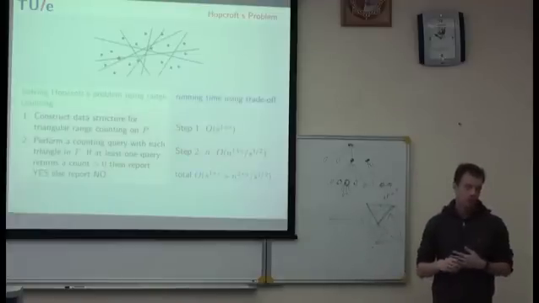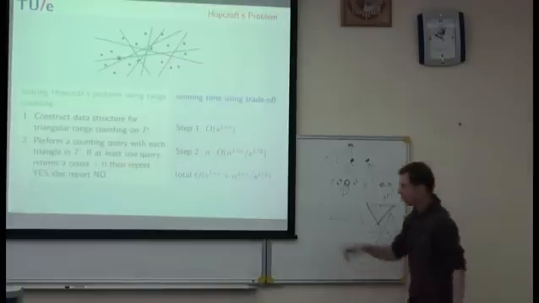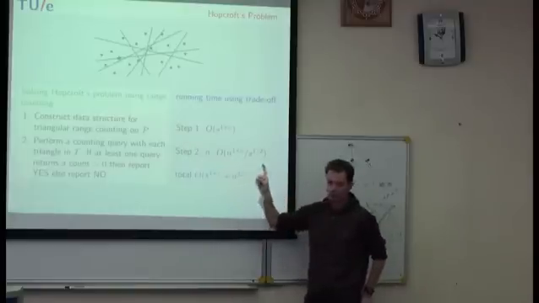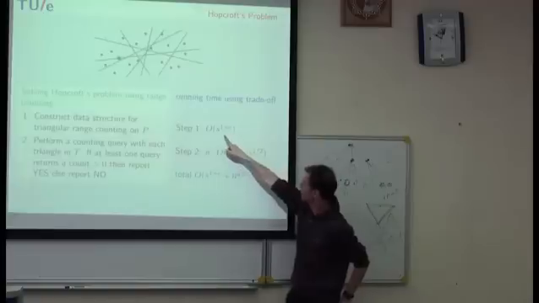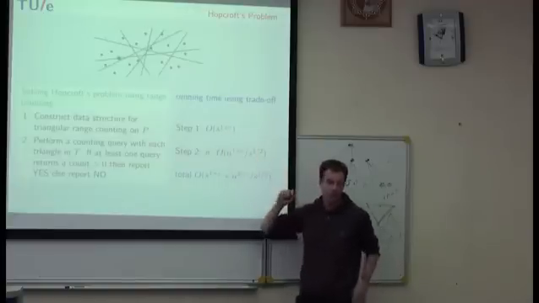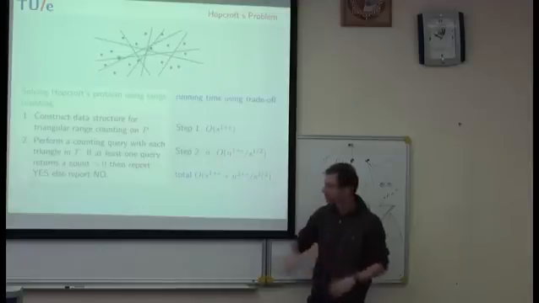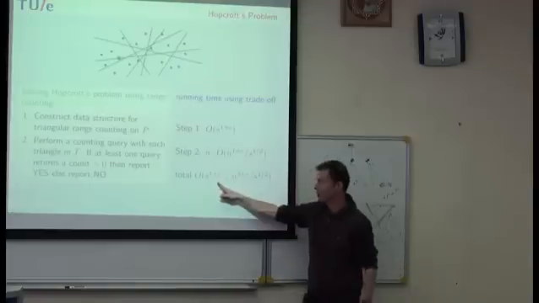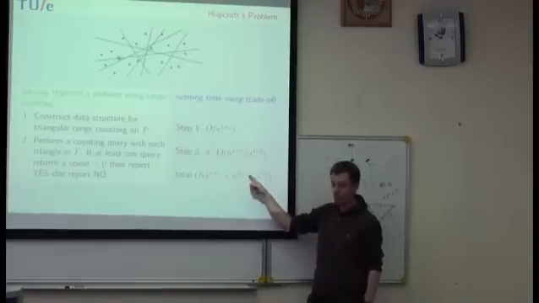So how do I want to choose my value of S? Well, exactly, right? If I start with S equals n, that's what we did before, only using the partition tree. Then here I have n to the 1 plus epsilon, and here I was getting n to the 3/2 plus epsilon.